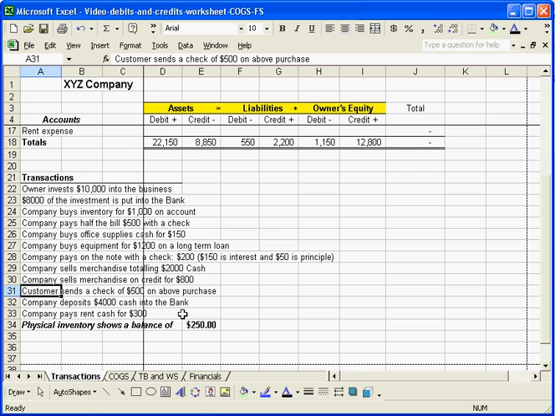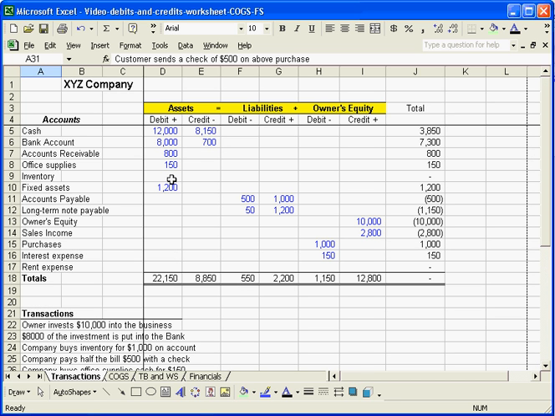Customer sends a check. This is the customer that just bought from us on credit. They sent us a check for $500. So this means that they don't owe us $800 anymore. And how are we going to account for that? Well, we know that this account has to come down by 500 because they paid, and they paid with a check.